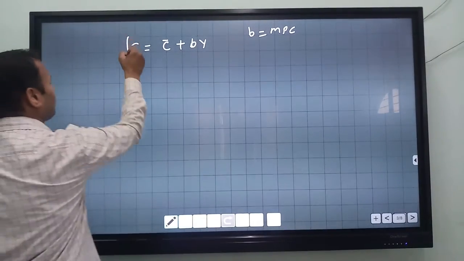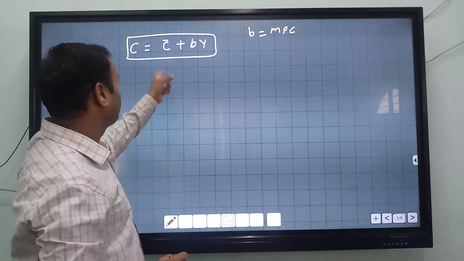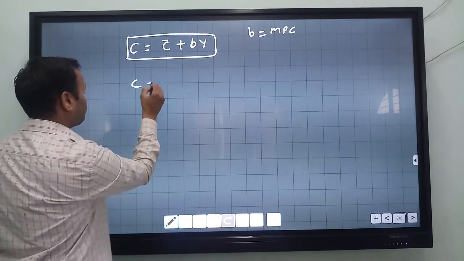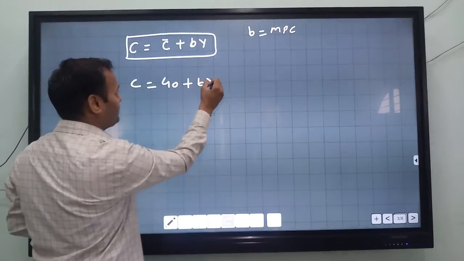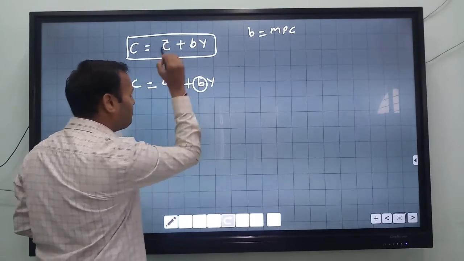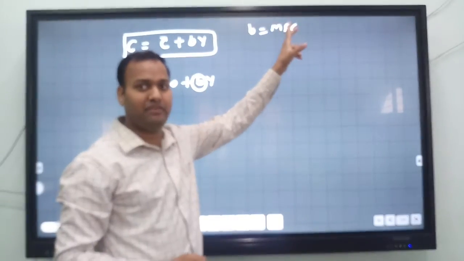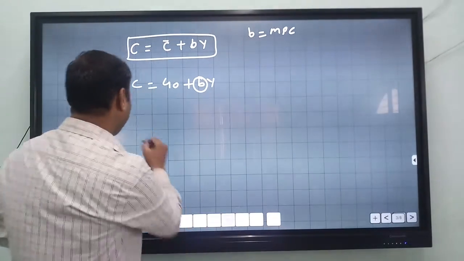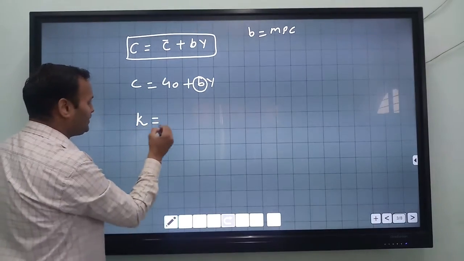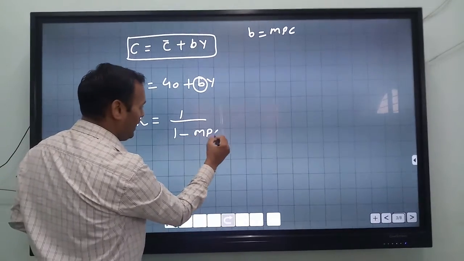Okay. So this is the consumption function, and we have to derive it. So what will you do? C bar is how much? 40 plus BY. So we have to find the value of B. B is what? MPC. So we have to find the value of MPC, and we have been given K. As you know, K is equal to 1 upon 1 minus MPC.